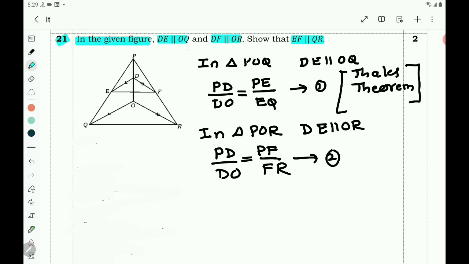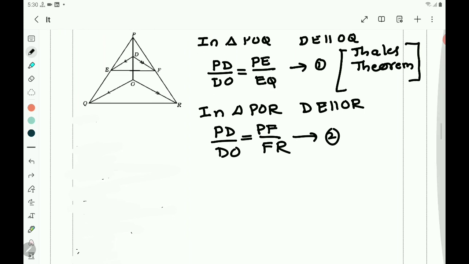Observe the first and second. Here the LHS is PD by DO. Here also the LHS is PD by DO. So as LHS are the same, RHS must be equal. Therefore PE by EQ equals PF by FR. From first and second, what you can write?